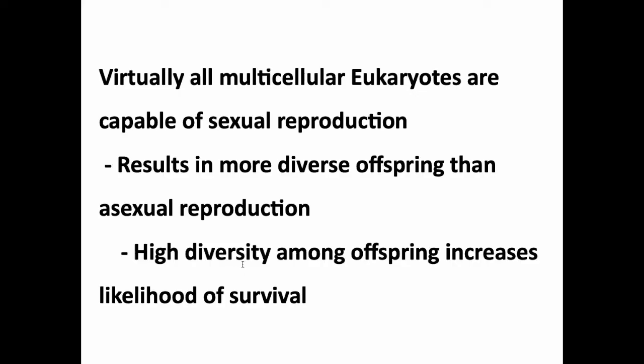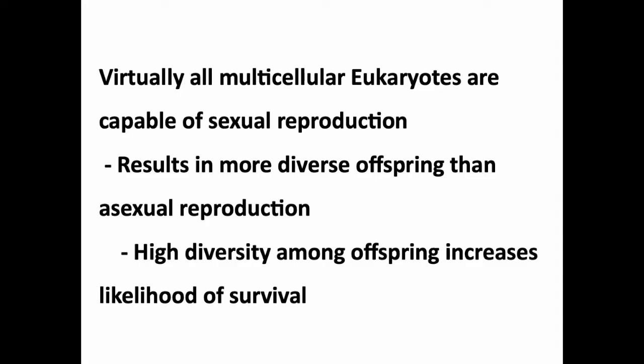So again, this is sort of the big picture sales pitch on why all of this is needed, why we can't just do asexual reproduction for everything. Sexual reproduction mixes things up, creates diversity in offspring, and high diversity in offspring increases likelihood of survival. So, what is sexual reproduction?